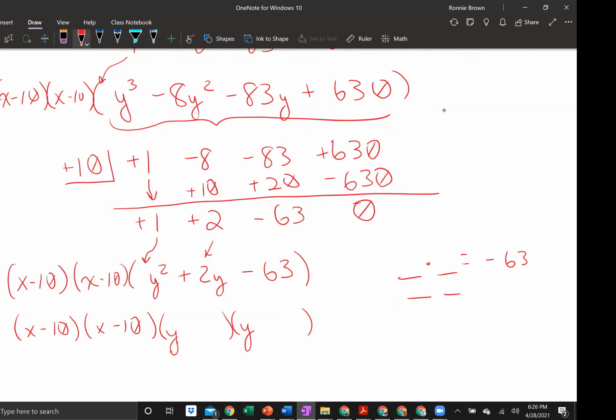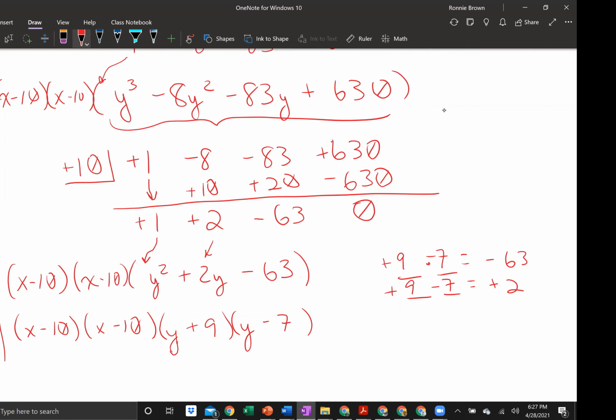And the same two numbers have to add or subtract to make a positive 2. I'm thinking 9 times 7 is 63. So let's go ahead and check our signs. To make a positive 2, it had to be a positive 9 and a negative 7. And let's check, does a positive times a negative make a negative 63? Yes, it does. So we're going to use a positive 9 and negative 7.